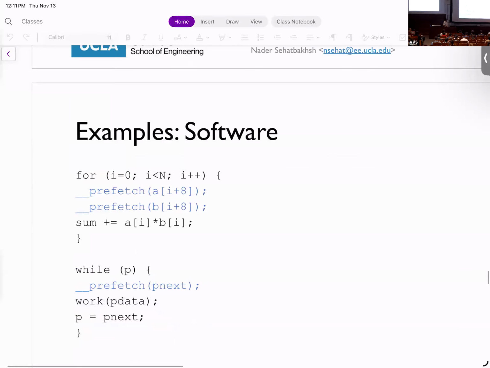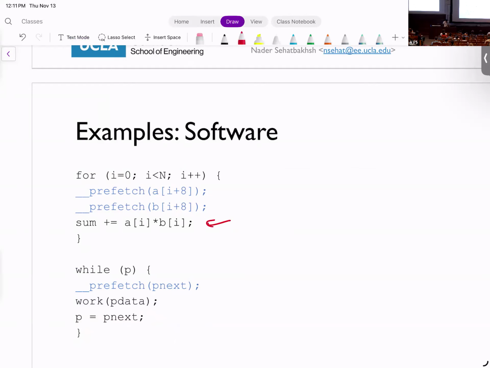So for example, think about a code sequence like this, where at the moment we are reading, let's say, I is equal to 0, so we are reading A0 and B0.